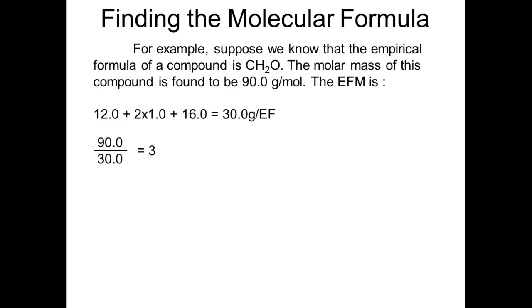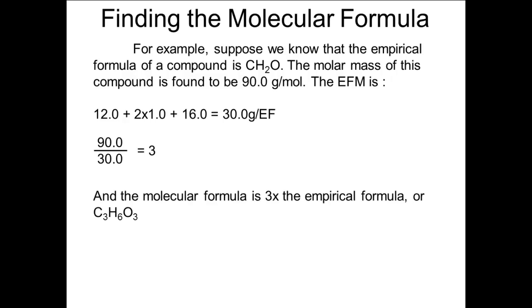We divide the molar mass by the empirical formula mass to get 3. So we multiply the empirical formula subscripts by 3 to get the molecular formula C3H6O3.